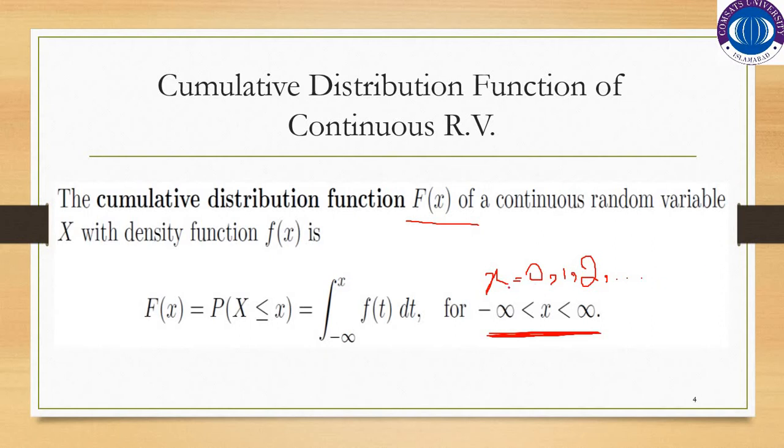But the limit of a discrete probability distribution is always in this form, as a discrete random variable is countable. So we can't define it in the form of an interval, whereas the limit of the continuous probability distribution function is always written in the form of an interval.